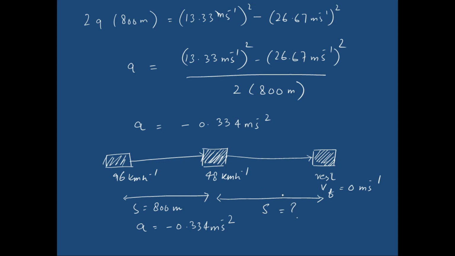To calculate this, again we use the third equation of motion: 2as equals vf square minus vi square. In this case the final velocity is 0 meters per second when the train stops, and the initial velocity is 48 km per hour. We convert 48 km per hour into meters per second, which is 13.33 meters per second.